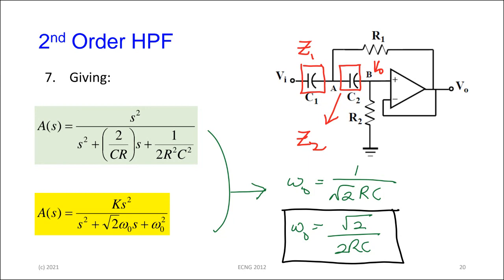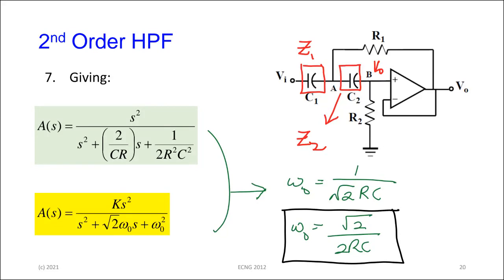In the low pass filter, the two resistors are the same, and one capacitor is twice the value of the other one. In the high pass filter design case, the two capacitors are the same, and one resistor is twice the value of the other one.